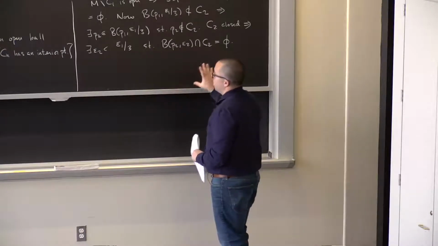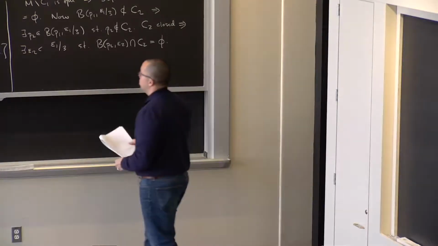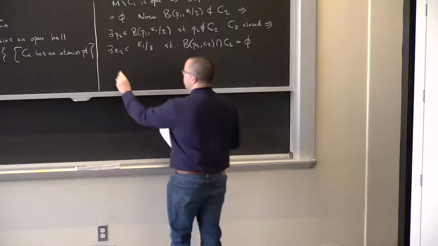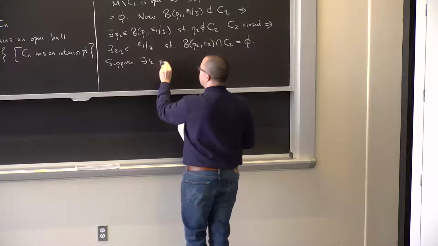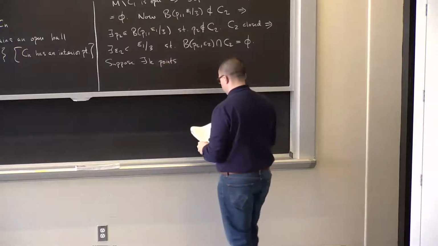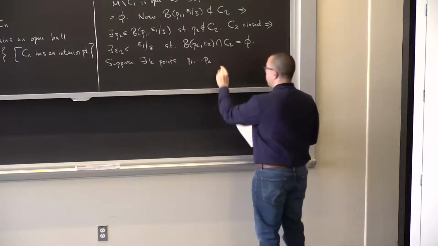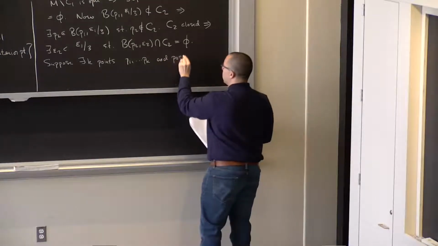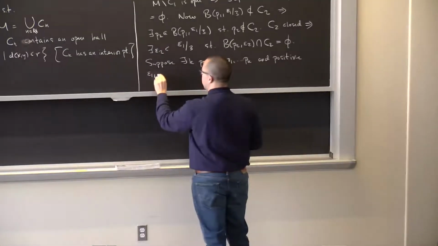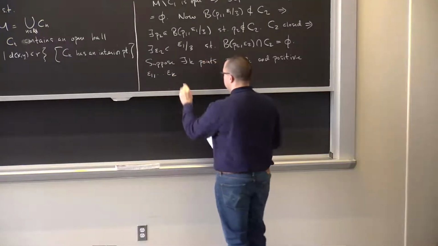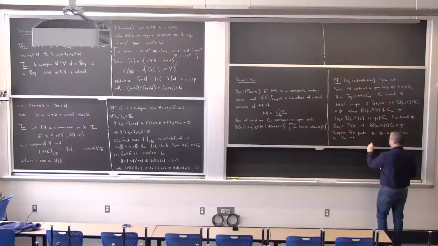Now, at this point, I would usually say, continuing in this manner, we obtain a sequence of points, but let me write out the argument carefully. Suppose there exist k points P1, ..., Pk, and positive epsilon 1, ..., epsilon k, such that two things occur.